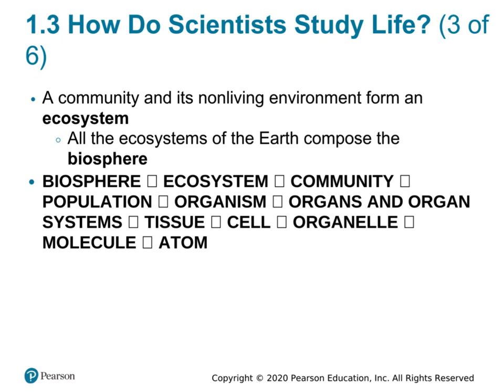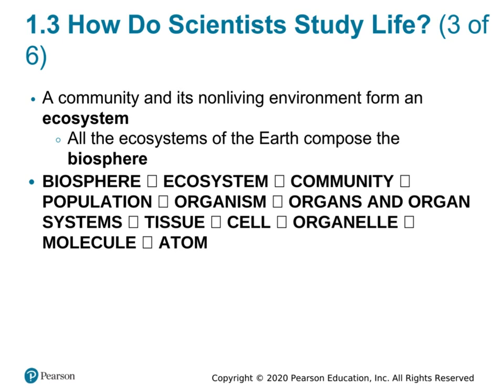Here we have that pathway from large biosphere to small atom. It goes biosphere, ecosystem, community, population, organism, organ systems, organs, then tissue, cell, organelle, molecule, and atom. Atoms and molecules are definitely on the chemical scale, whereas we get into gross or macro anatomy when we're looking at tissues and organ systems, meaning we don't need a microscope to see them.